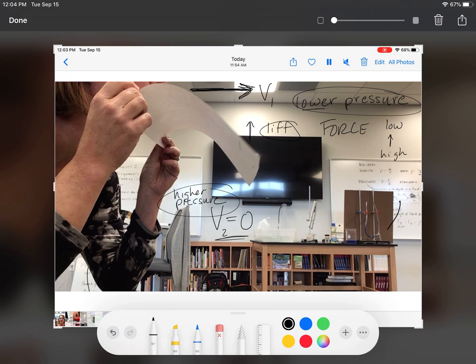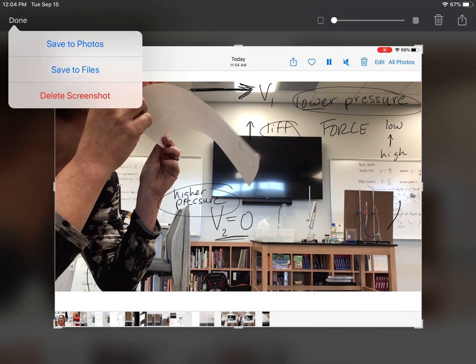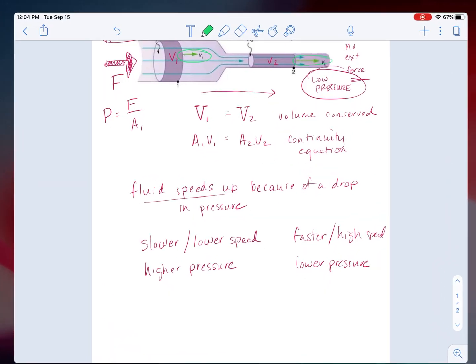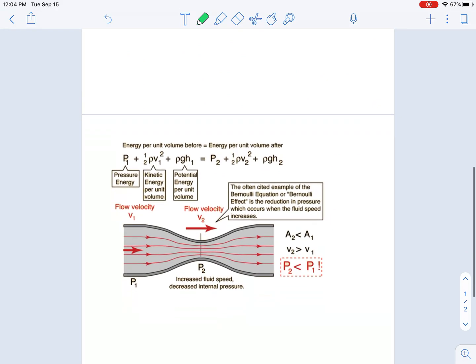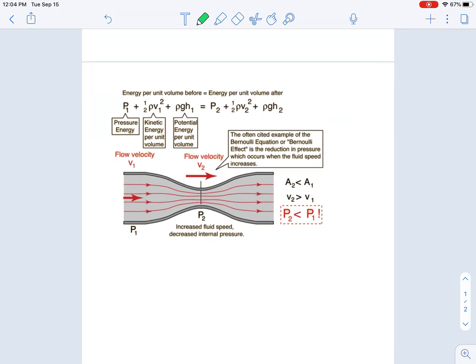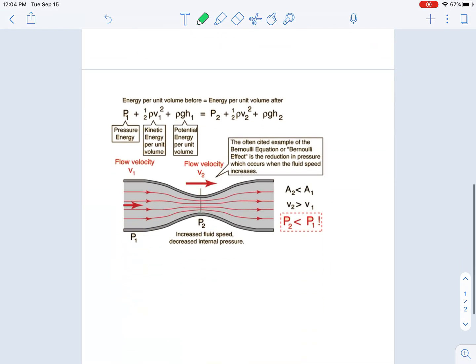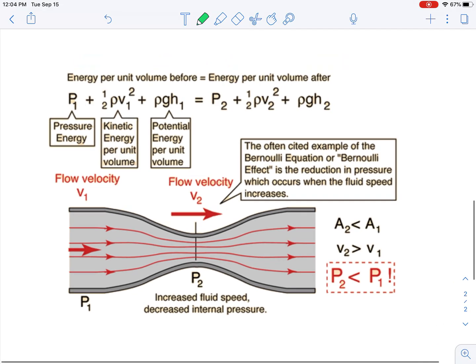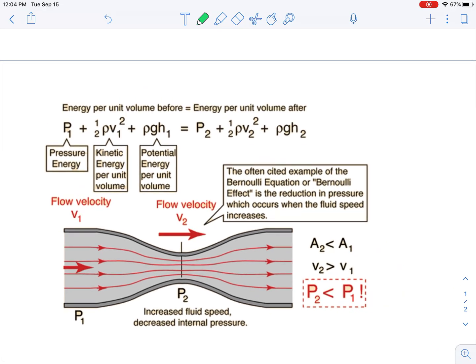Okay, let's go back. So now let's try to put this all together, and let's think about conservation of energy. What I'm introducing to you here is something called Bernoulli's equation.